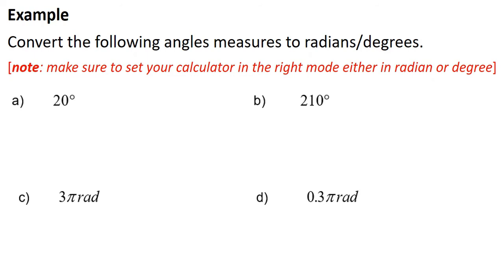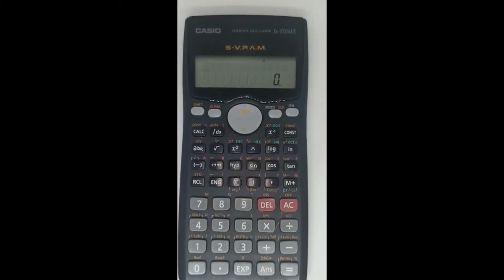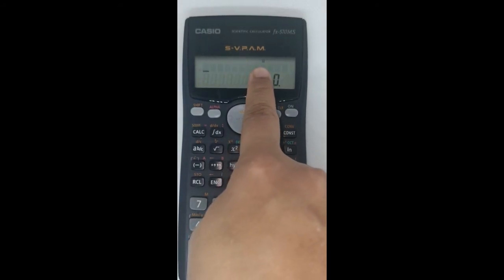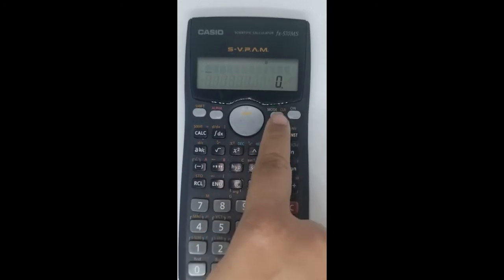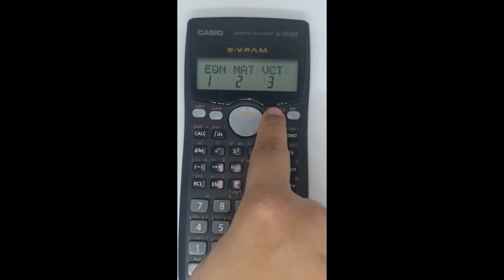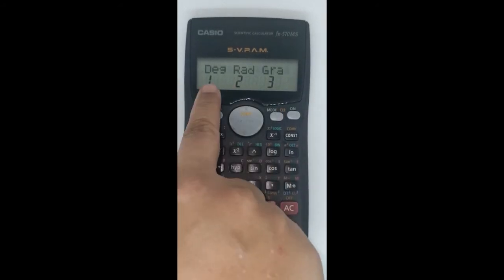Example, let's convert the following angle measures to either radians or degrees. You must remember to make sure to set your calculator in the right mode, either radian or degree. For example, now our mode is in radian. If we want to change the mode to degree, just press mode until it shows degree.